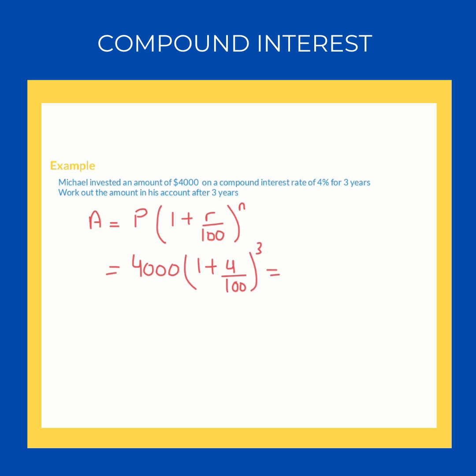This is equivalent to 4,000 times (1 plus 4 over 100), which is 1.04 cubed.